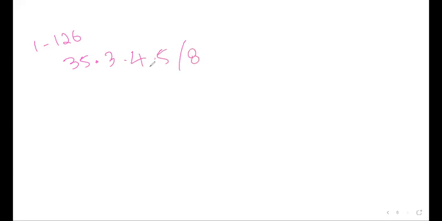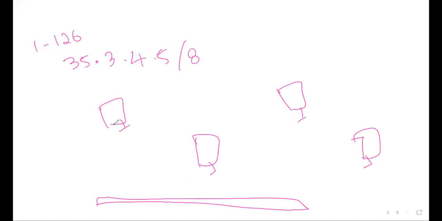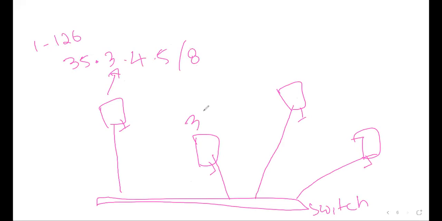Let's say I'm writing 35, which is in between 1 and 126, 35.3.4.5. This is one IP for one of my computers. I have 4 computers connected to one switch. This is the switch. This is my system IP, 35.3.4.5. If I'm writing another IP here, 35.3.4, let's say 15.